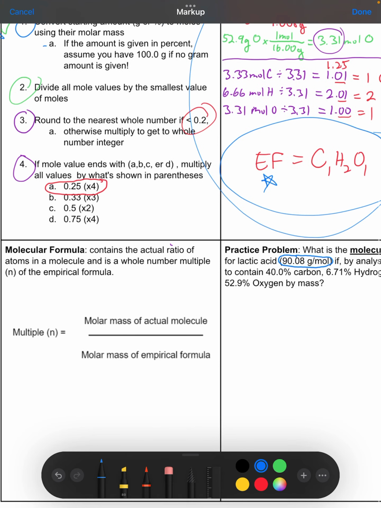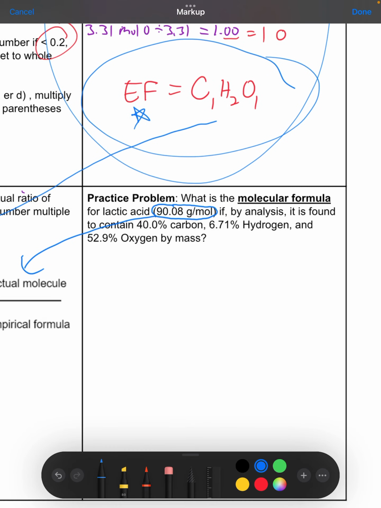For a molecular formula, we need to figure out its multiple n. So what's that factor that we can use to scale up the empirical formula to the molecular formula? And we can do that by dividing the molar mass of the actual molecule, which is that number in the problem, by the molar mass of the empirical formula, which I just figured out, right? So all I have to do is figure out that molar mass of my empirical formula and divide this number by it.